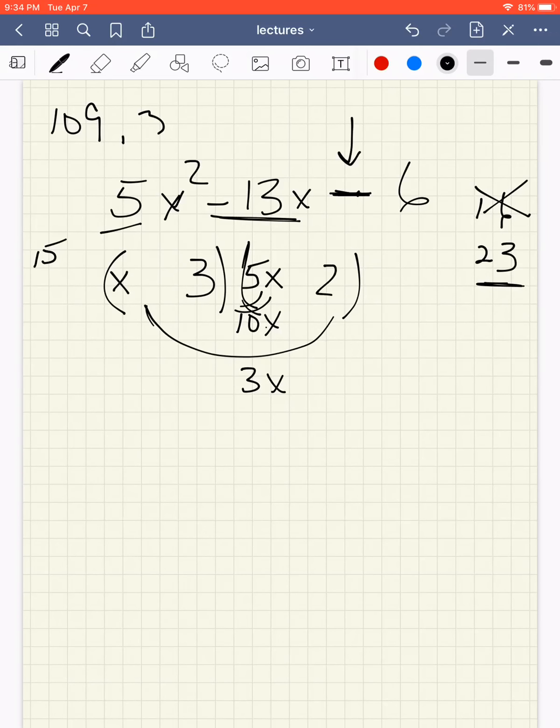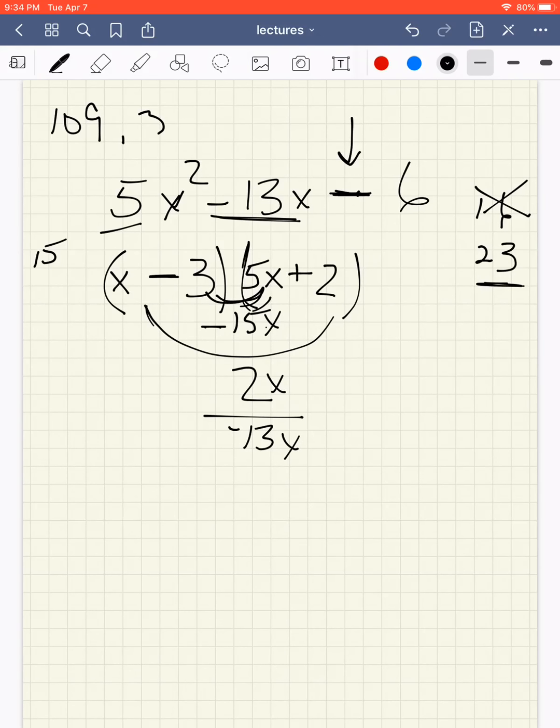3 and 2. So then this would be 2x and this would be 15x. Now they'll subtract to be negative 13 as long as that's a negative 15. So in order for this to be negative 15, this has to be a negative.